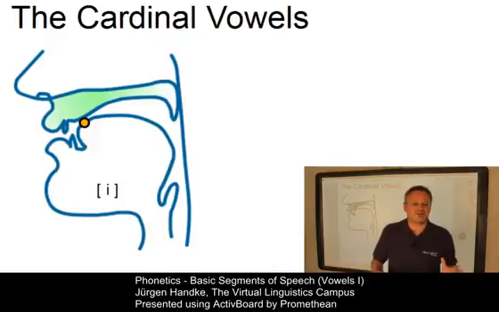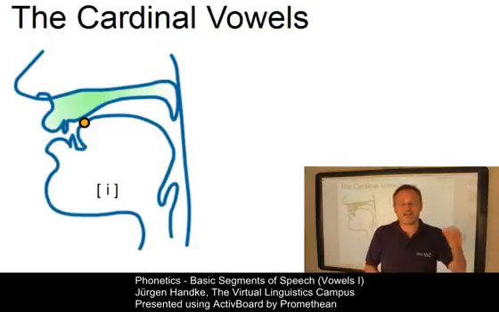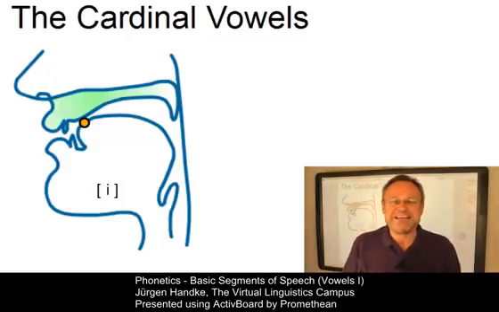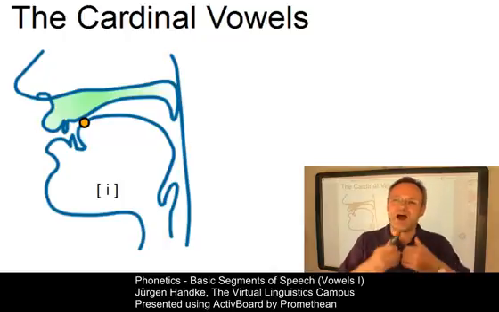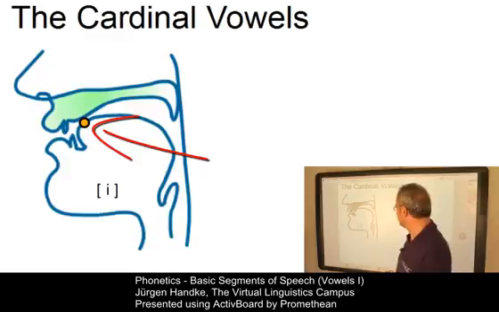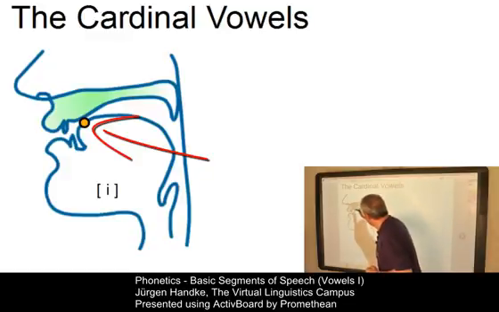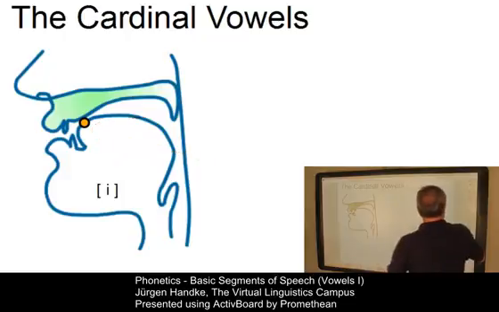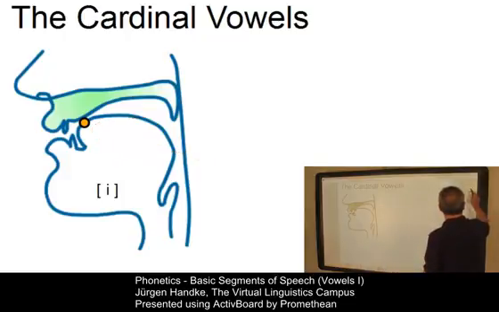Now, first of all, there's a vowel that involves the highest possible tongue position in the mouth and the most front quality. Here it is: E. Now this is the highest sort of E I can produce. And here is the place where the narrowing occurs. The second vowel that serves as a reference point is the opposite.